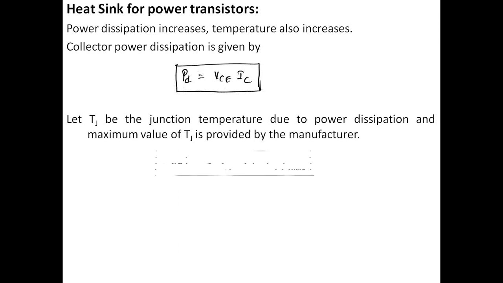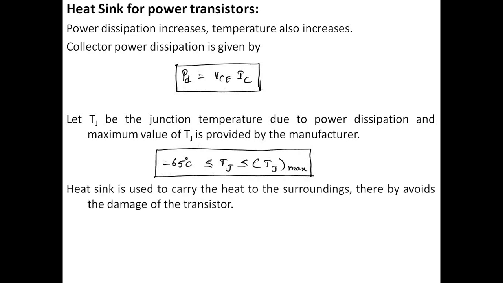Usually these transistors operate from a minimum of minus 65 degrees centigrade up to the maximum junction temperature provided by the manufacturer. For any transistor or diode, or whatever electronic component it is, the manufacturers provide the complete data sheet for the component.